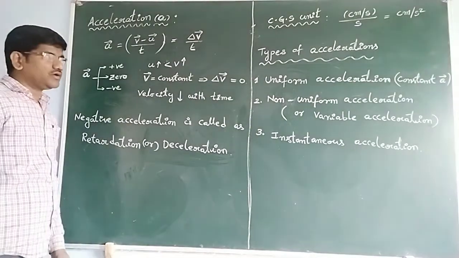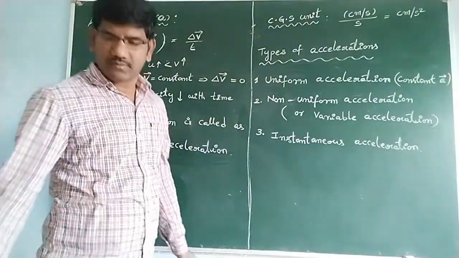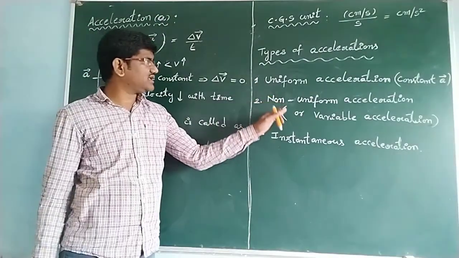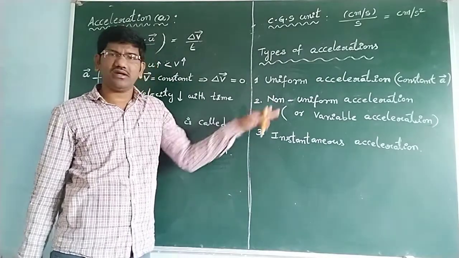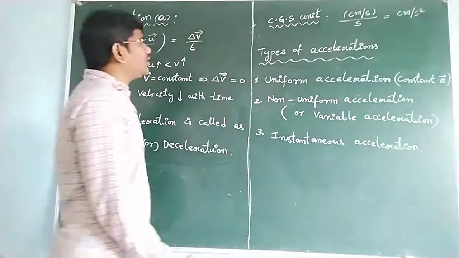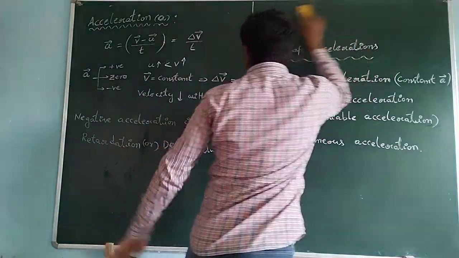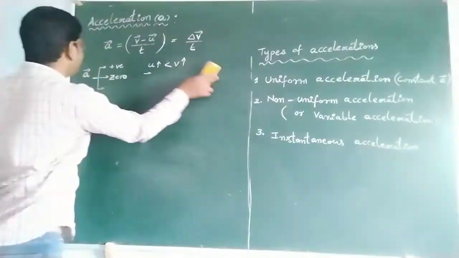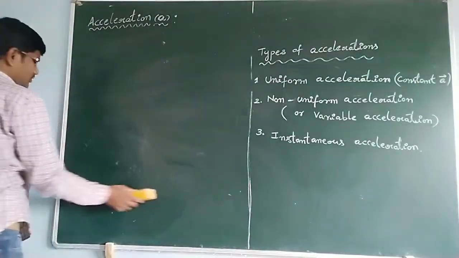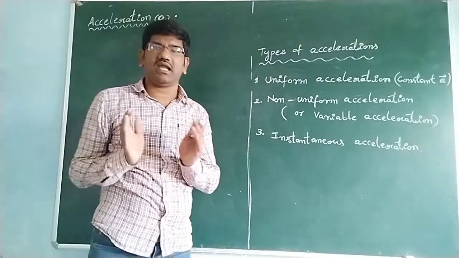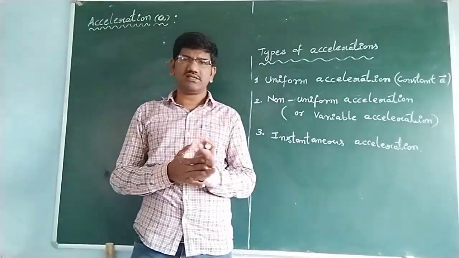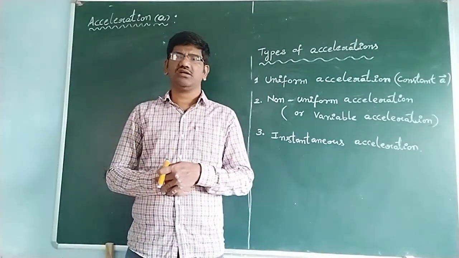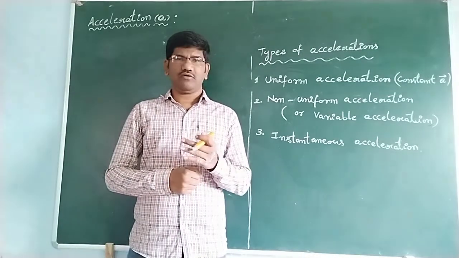And next, how velocity changes we are going to discuss, and after that we can see uniform acceleration and the types of accelerations. Okay students, now change in velocity can occur in two ways: both the magnitude of velocity can change or the direction of velocity can change.